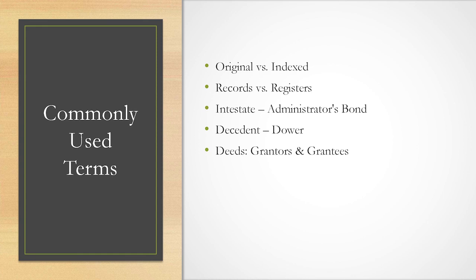Just to clear up some terms before we get started: original versus indexed. When I say original image or original document, I mean the actual document, and if you can get the physical one, that's great, as opposed to a typed index or transcription that someone has done. Records versus registers.